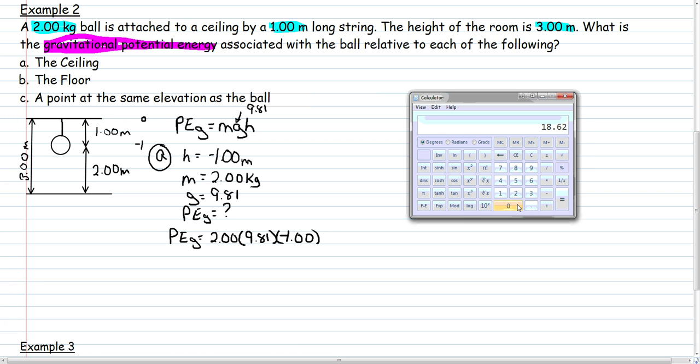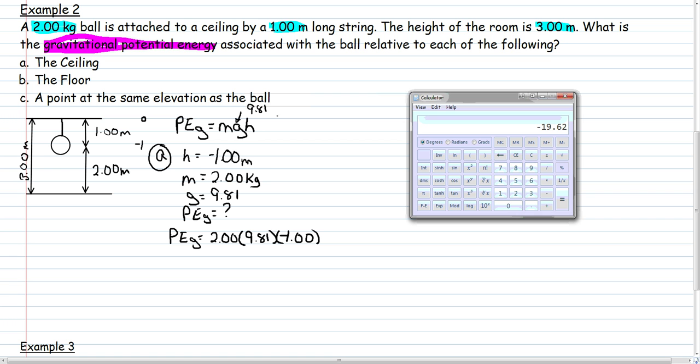Let me double check that real quick, make sure I did it correctly. I'm not used to this calculator. You look at it, it's subtracting, it's not multiplying. So I need to make sure I multiply by 1.00 and hit this negative sign, and that equals 19.62.